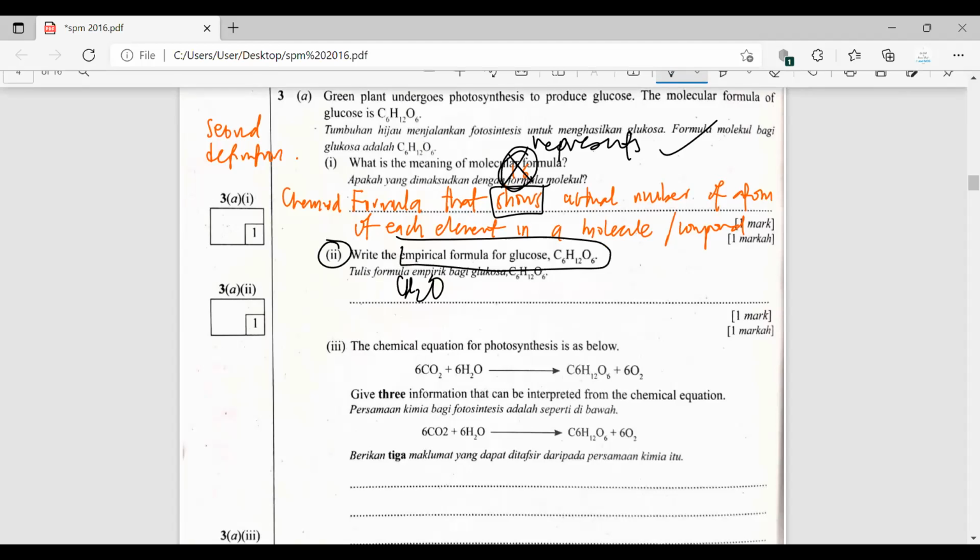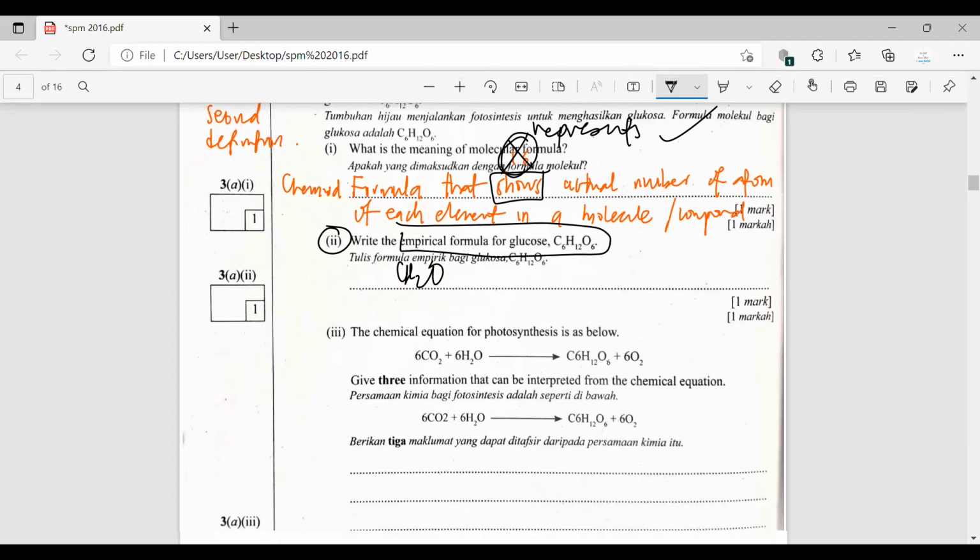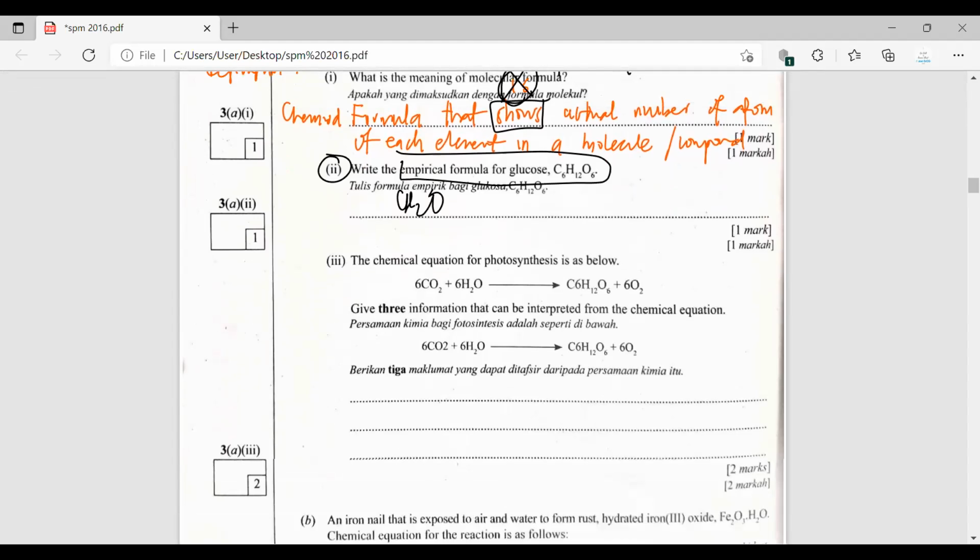Now I'm going to give you a few minutes. Give me 3 information that you can see from this question. It's like what I did with you in thermochemistry last week. You look at an equation and then you must come up with 3 information there. Tell teacher, what are the 3 information that you can come up with here?